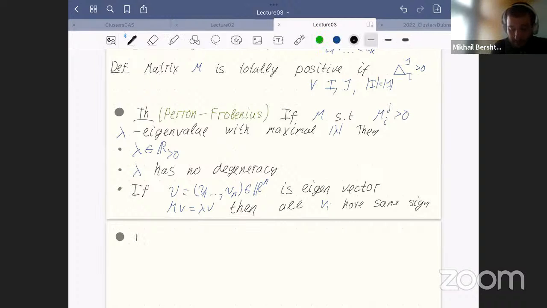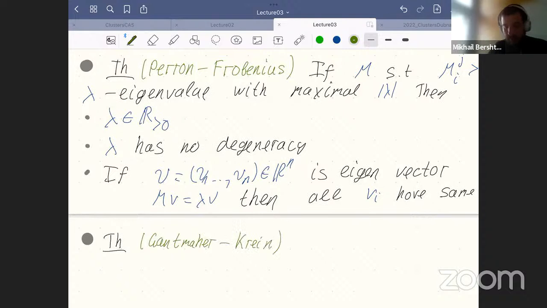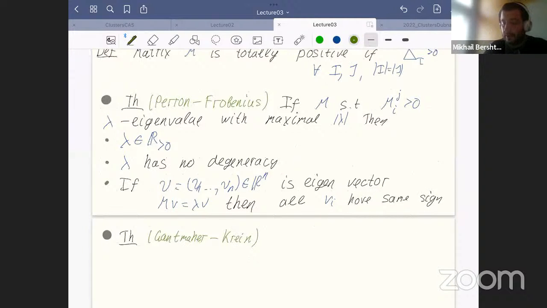So, theorem, and this theorem is due to Gantmacher and Krein. It was published in their book at the end of the 30s.